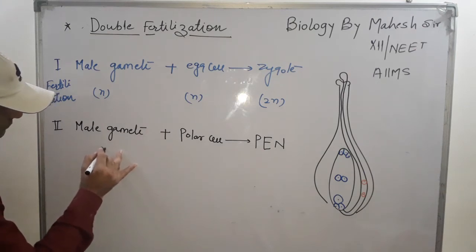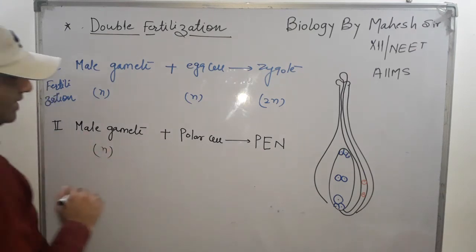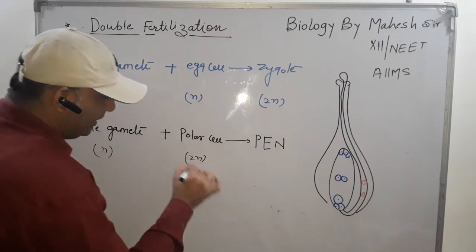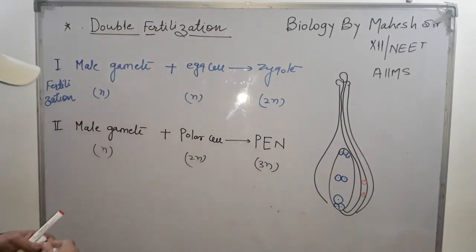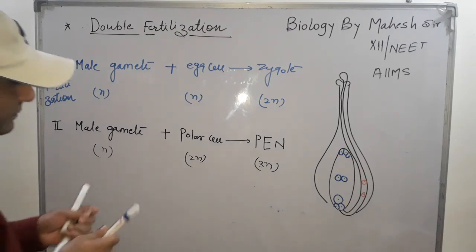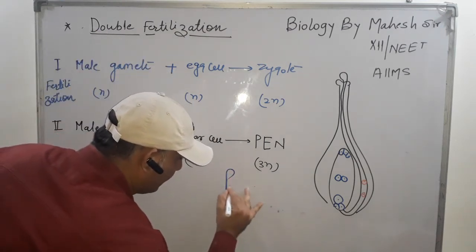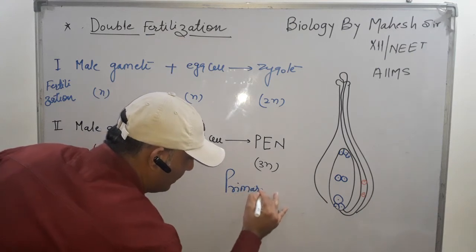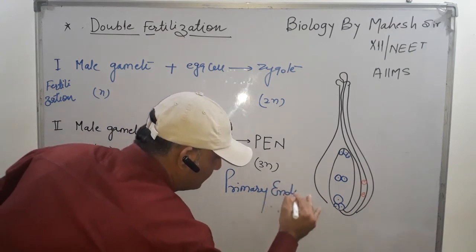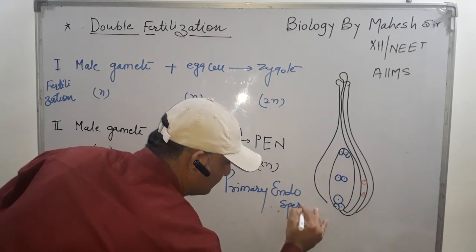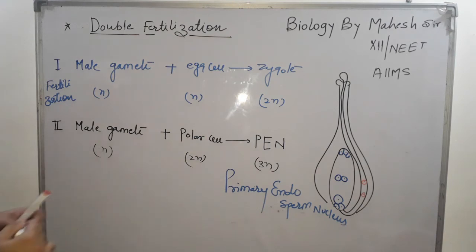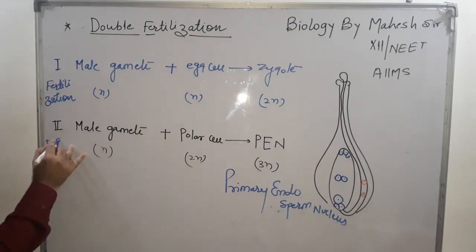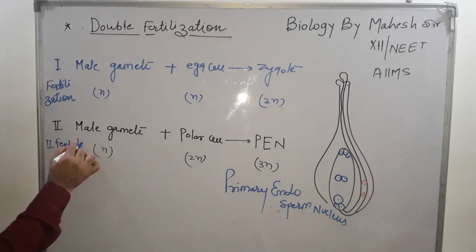The ploidy: it is haploid, it is diploid and it is triploid. The structure name is primary endosperm nucleus. So it is the second fertilization.